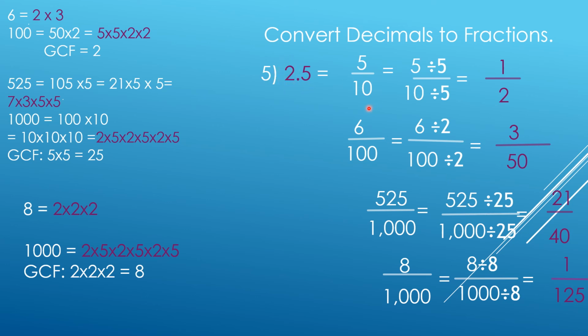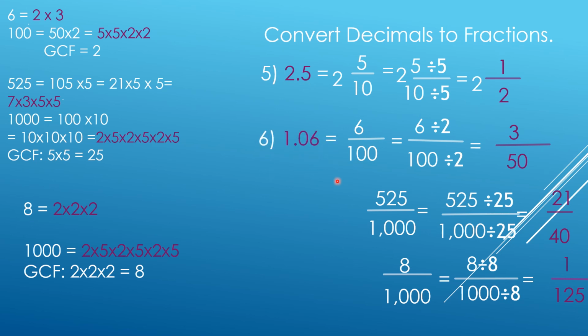What you're going to do is the same thing to convert the decimal part to a fraction. But because we have a whole number, you simply add that to your final answer. That makes it a mixed number. So the final answer is 2 and 1/2. 2 and 5 tenths means 2 and 1/2.